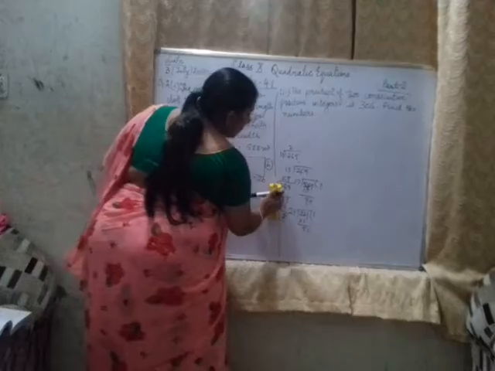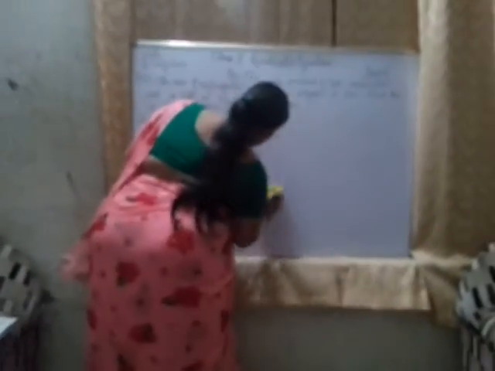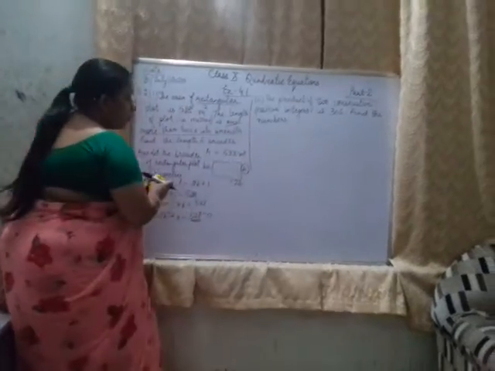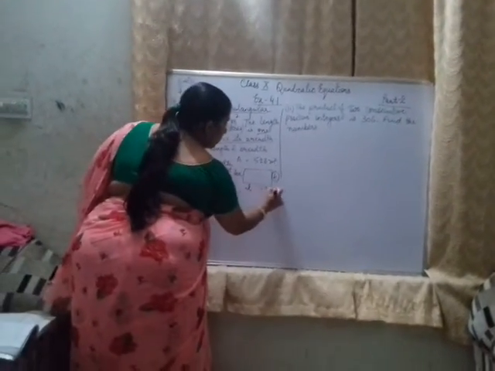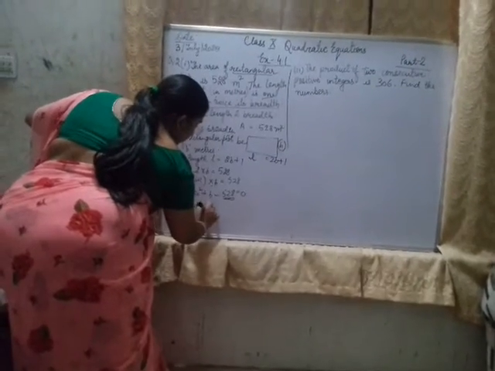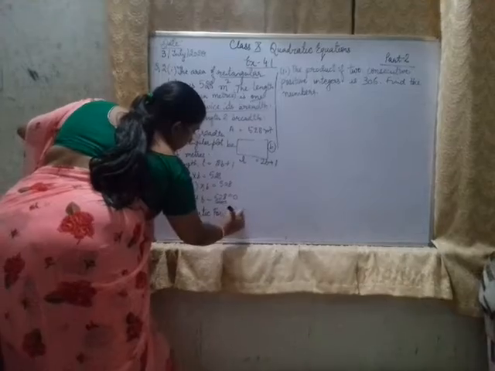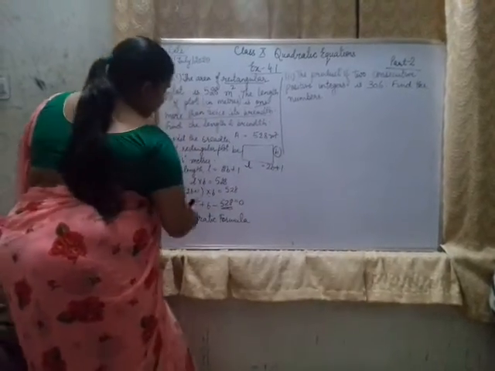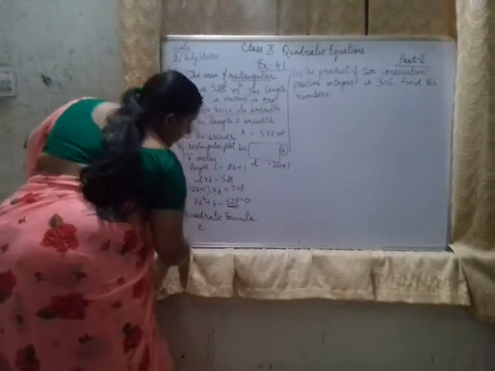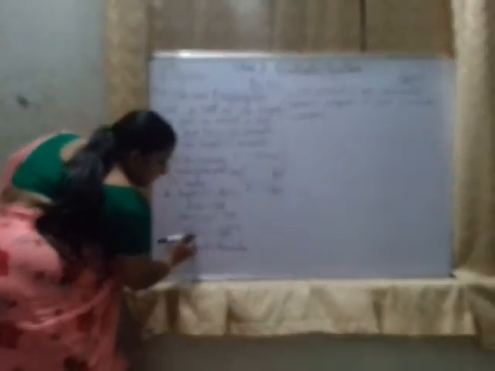So the easiest way, instead of finding these factors, is to follow the quadratic formula, which gives the roots of the quadratic equation. Here the values of b, the breadth, we have to find.